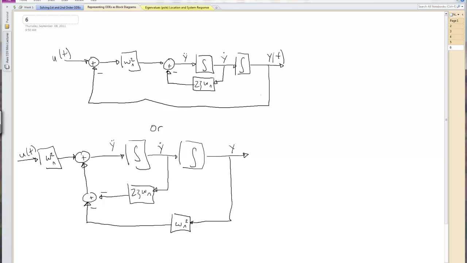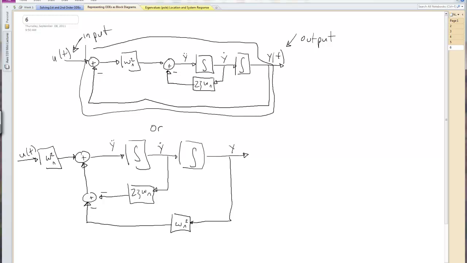So this whole block diagram represents the system from a controls point of view: here's an input displacement function, and here's the actual displacement of the system. So we can think of u of t as being the input, y of t as being the output, and everything in between, I could put a box around and call that the plant.